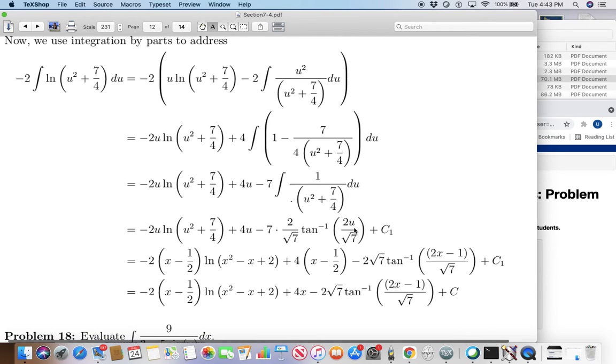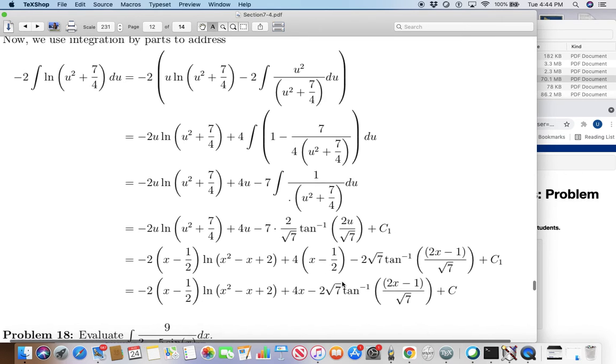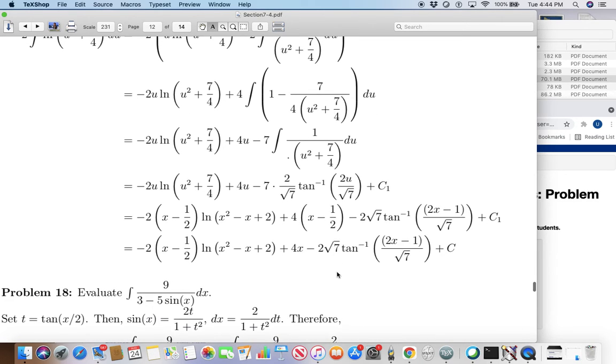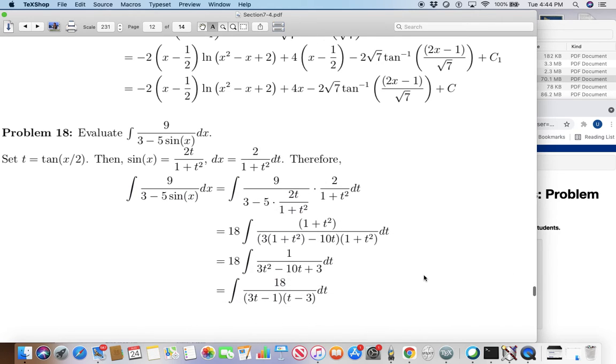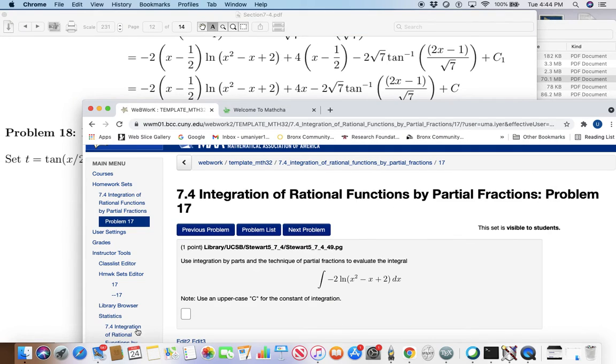After going through all this, don't forget what is u. U is x minus half. So that gets me this entire solution here. It's a long expression, so let me write this down carefully. Hopefully I haven't made any error.